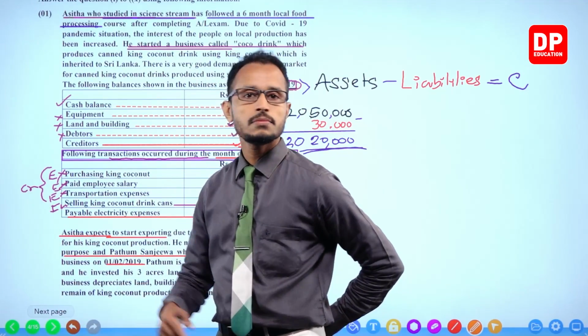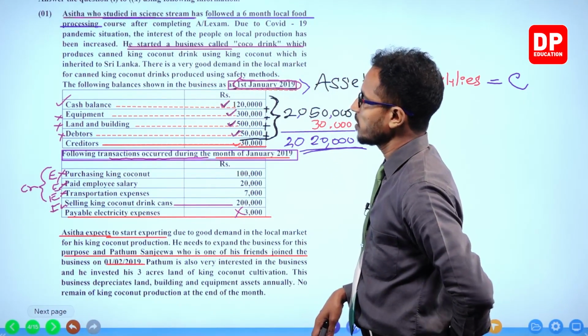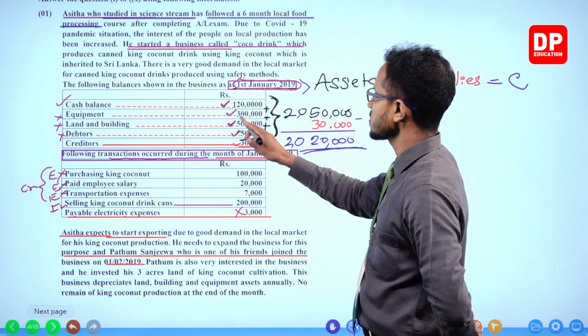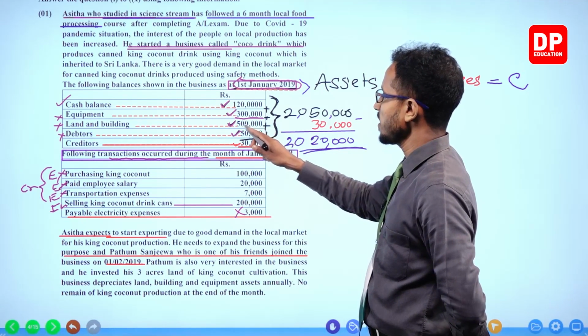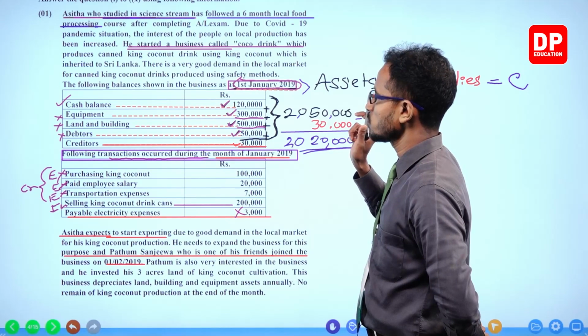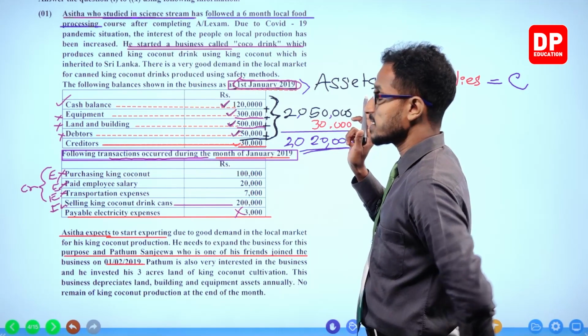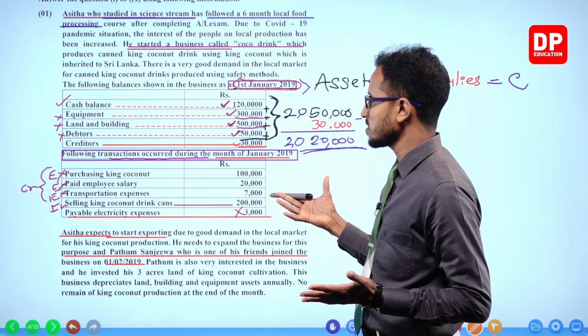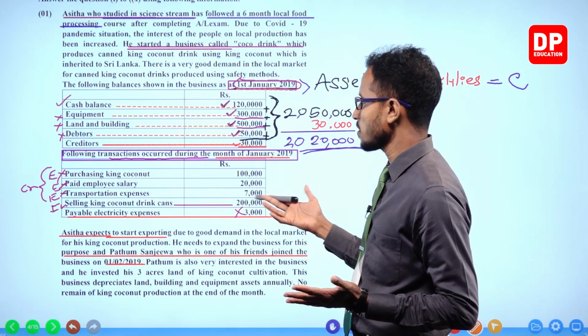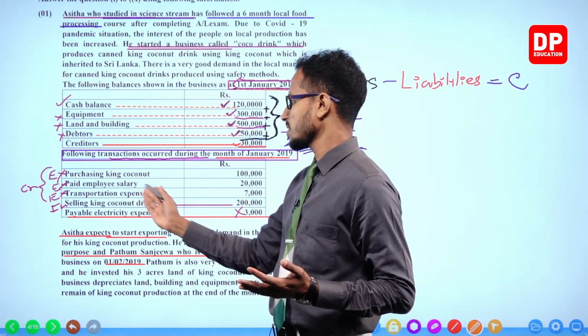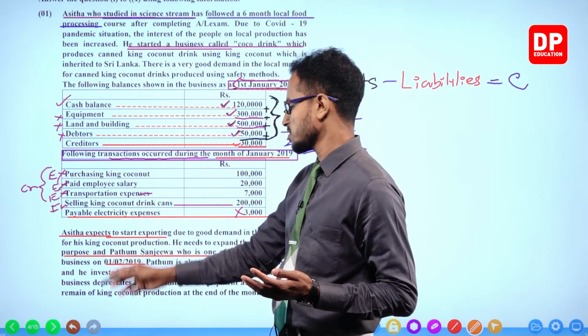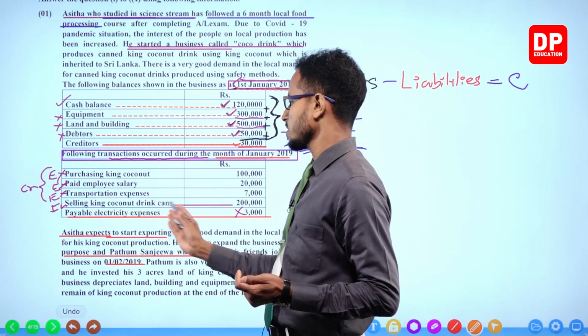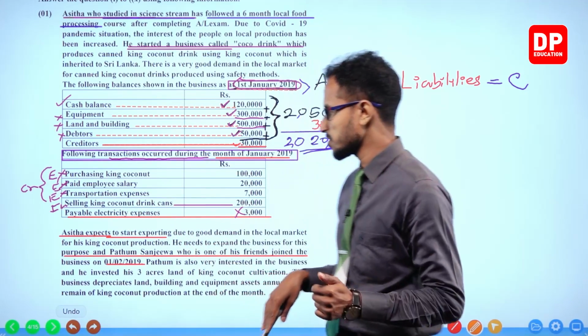We have equipment, land and buildings; debtors and creditors are not relevant. Purchasing king coconut, salaries, transportation expenses, selling king coconuts, payable electricity, no other non-current assets.